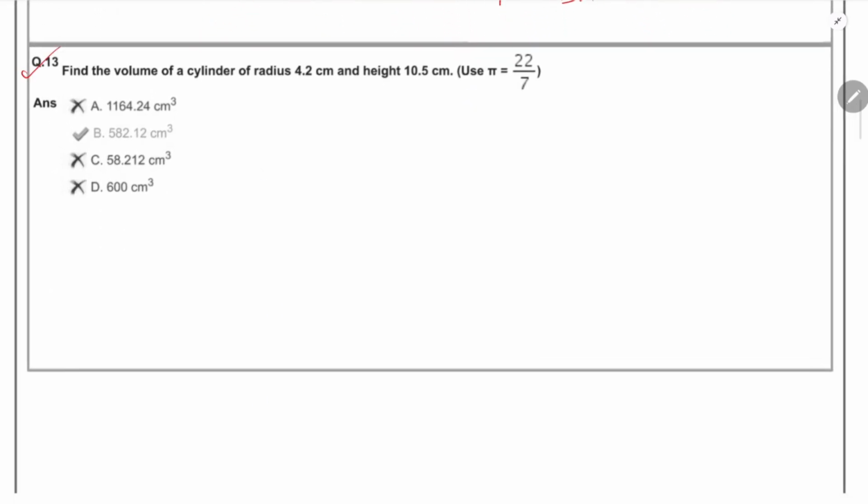Find the volume of a cylinder of radius 4.2 centimeter and height 10.5 centimeter. We have to find the volume of the cylinder. Now the radius is 4.2 cm and the height is 10.5 cm.